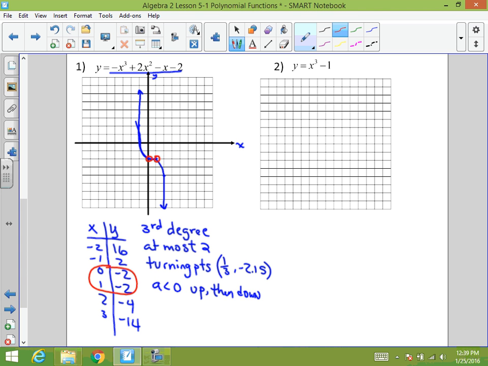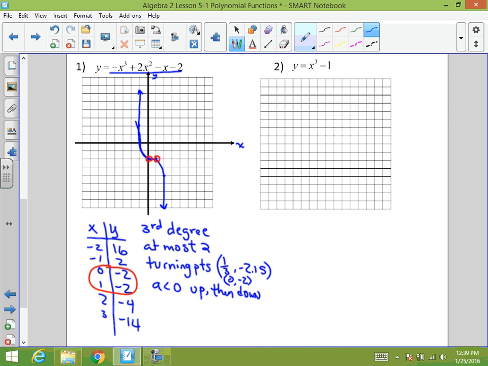So I grab part of the left-hand side of that, scroll to the right. If I look there, it looks like that happens to be at 0, -2. So it's right at a point. So my turning points are 1/3, negative 2.15, and 0, -2 is my other turning point. So there's my 2 turning points.